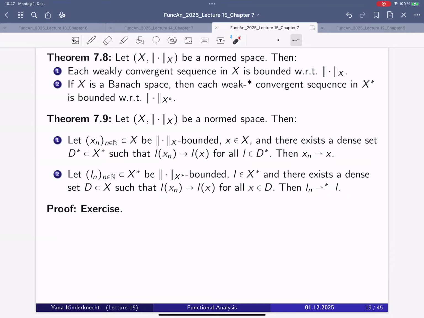The proof is given as an exercise. It is quite similar to all things which we have done before. So I skip this proof, but you are welcome to think about it.